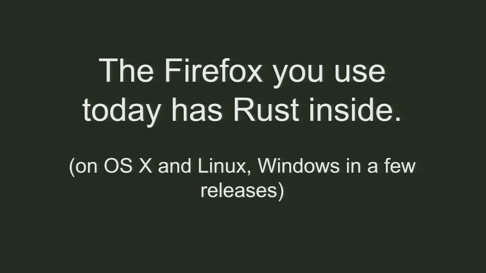Another one is the styling and layout system. And so those components are working their way into Firefox. And also new components that are relatively isolated are trying to use Rust first as a way of getting more Rust code into Firefox. But the idea is that Rust will slowly eat Firefox from the inside out.